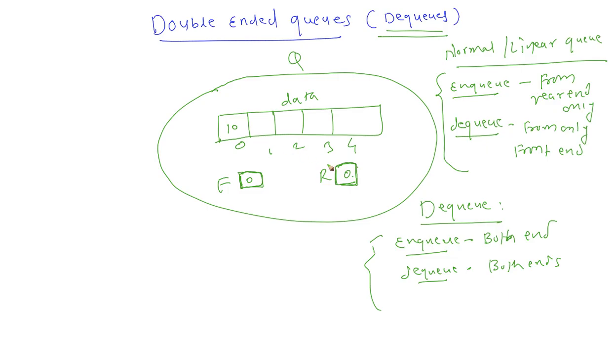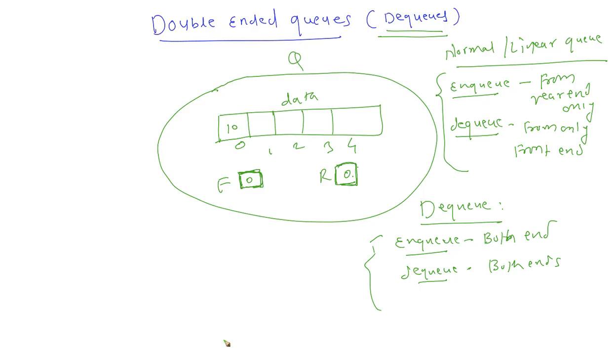I can also do NQ from the front, which was not done in a normal queue. And I can perform DQ from the front as well as from the rear. So let us see how the doubly ended queue can be implemented.